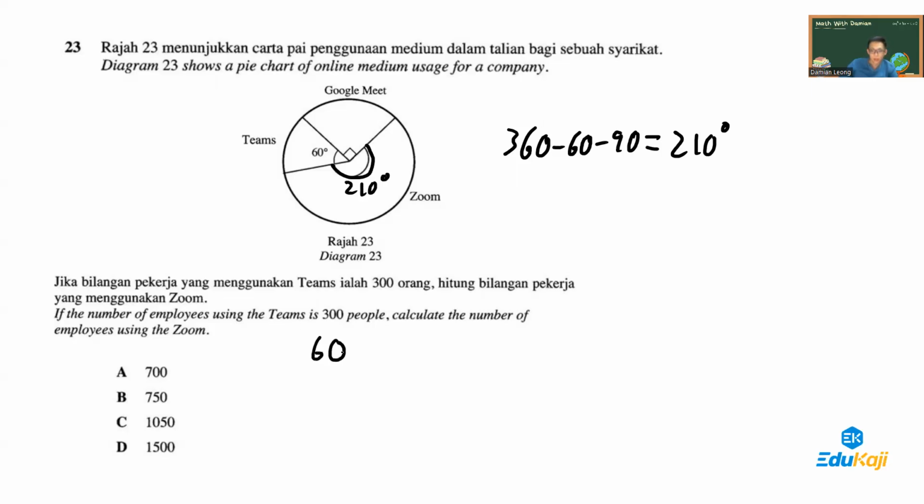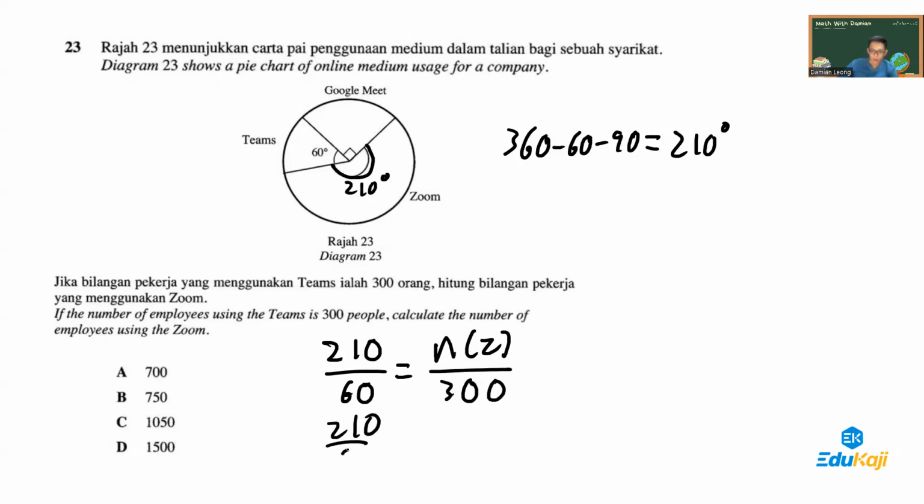Angle of people using Zoom, 210, over angle of people using Teams, 60, is the same as number of people using Zoom over number of people using Teams, which is 300.